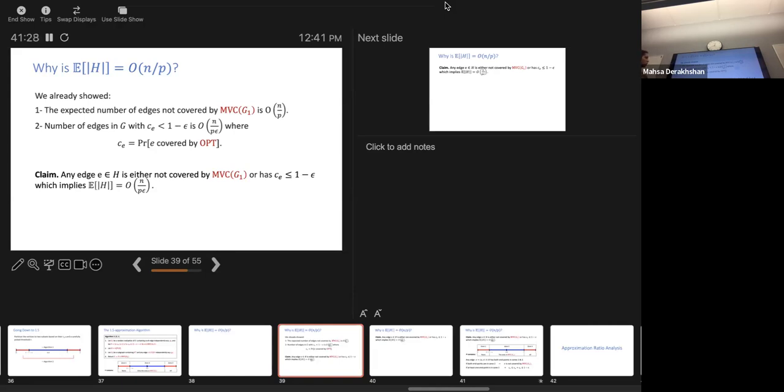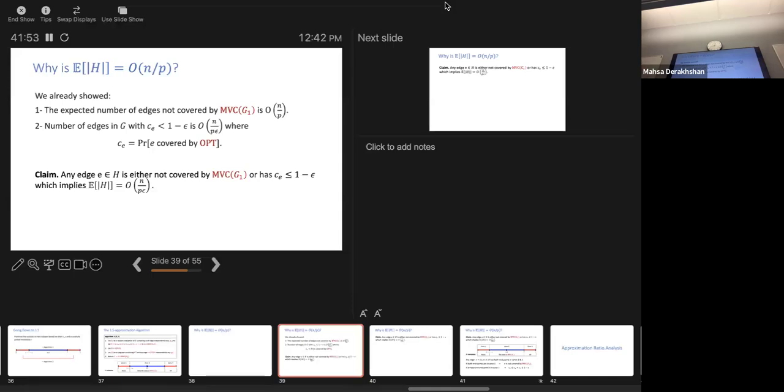So now, if I show that any edge in H is either uncovered by G1, or it has CE smaller than 1 minus epsilon, then the proof is complete. Because the number of edges would be the sum of this and this.